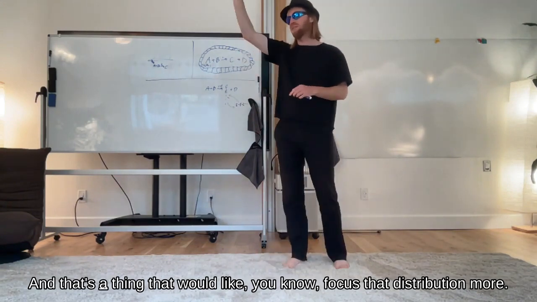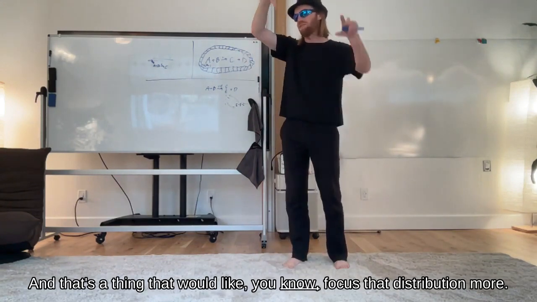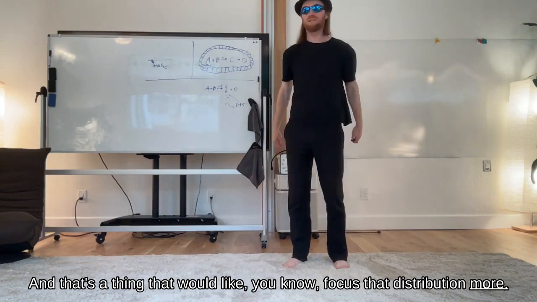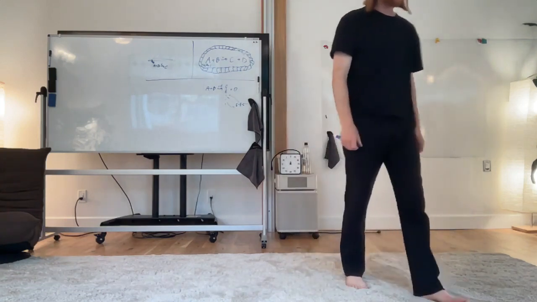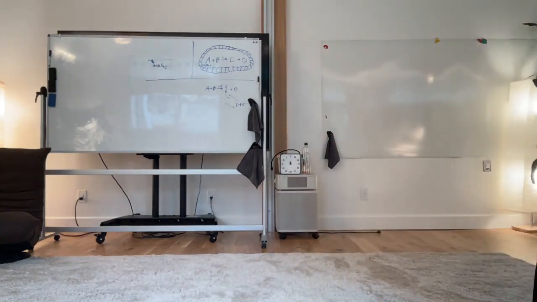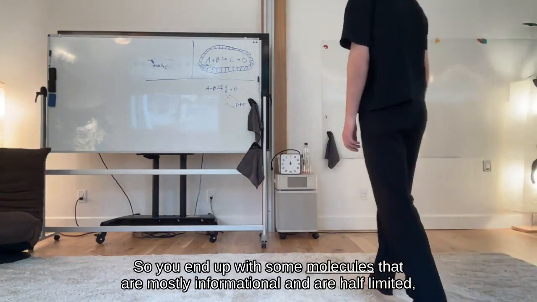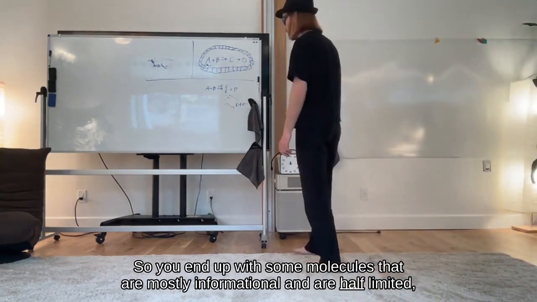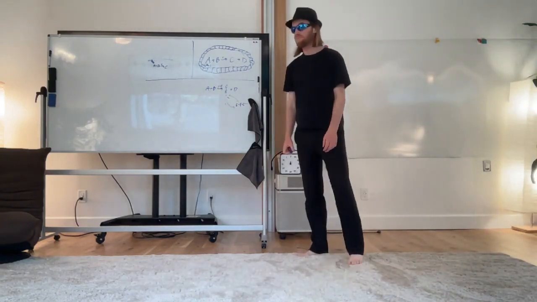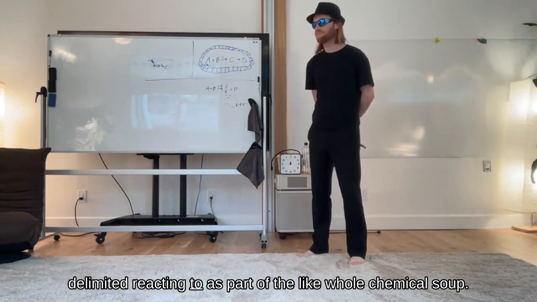And that would focus that distribution more. So you end up with some molecules that are mostly informational and have limited reacting to do as part of the whole chemical soup.